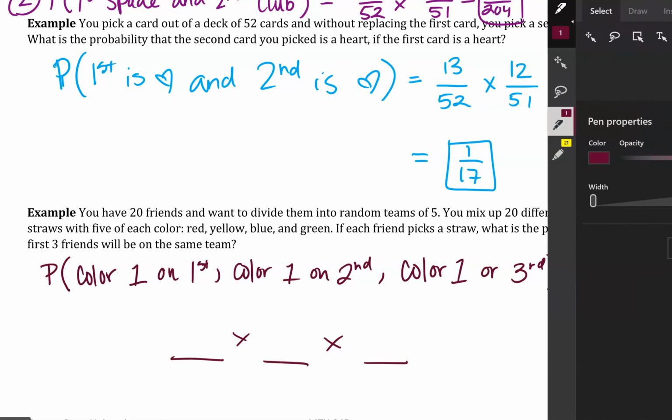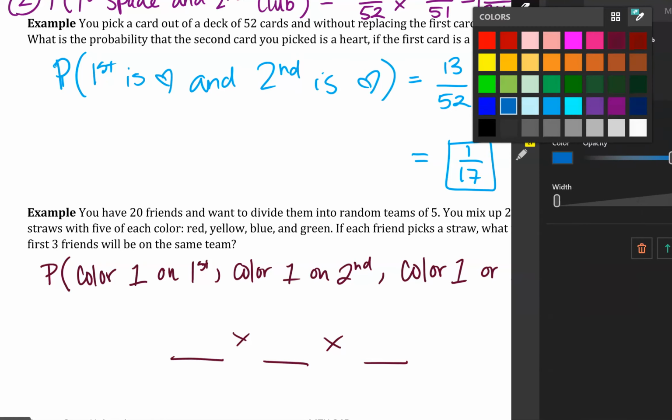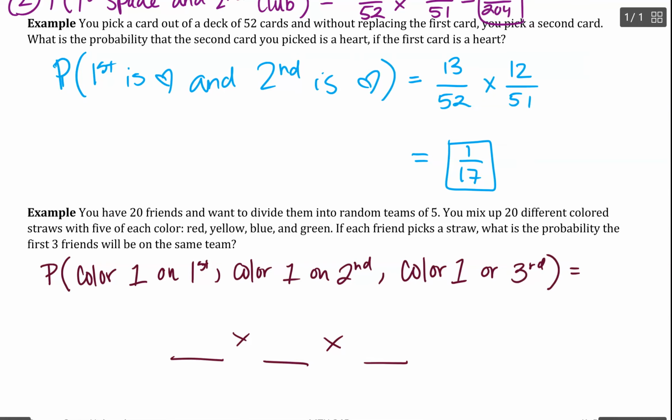For the first probability, we just want the probability that color 1 is chosen on the first try. What the heck is color 1? Well, we didn't specify what color 1 was. So it can be any of the colors. It can be any of the straws. There's 20 straw choices, and we can choose any 20 of them.